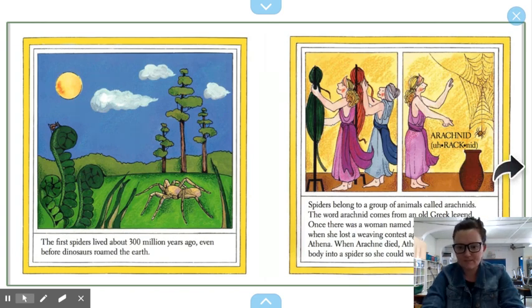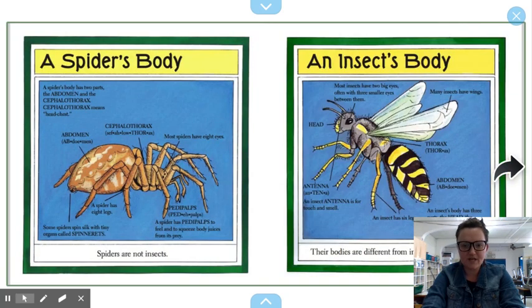Okay. A spider's body. So here are some awesome diagrams that they have of a spider's body. It says spiders are not insects. Their bodies are different from insects in many ways. So we have the pedipalps. We have the cephalothorax. Those are fun words.